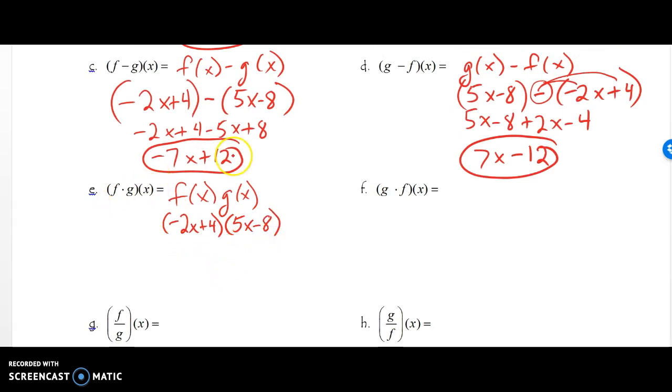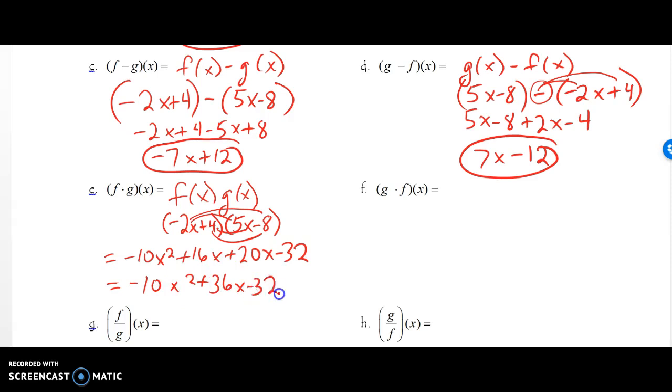So now to actually multiply these together, we need to use distribution or FOIL. We have 4 multiplications we need to perform there. So we'd end up with negative 10x squared plus 16x plus 20x minus 32. Combine our like terms and we get negative 10x squared plus 36x minus 32.